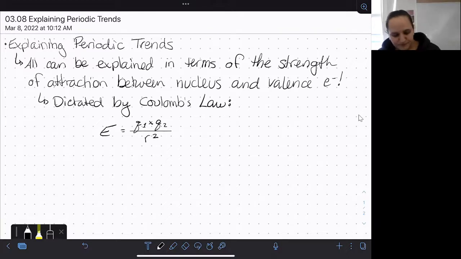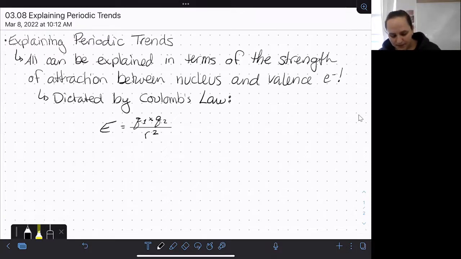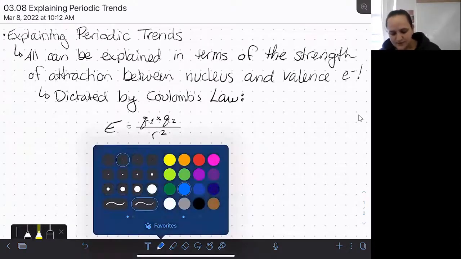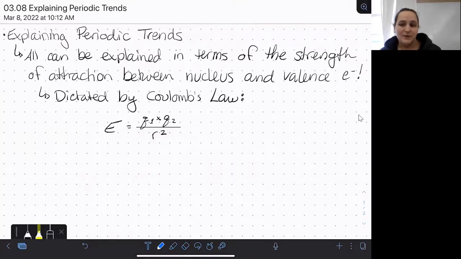Coulomb's law shows up all over the place in chemistry as a qualitative justification for things. We're never going to use Coulomb's law quantitatively. I'm never going to ask you to do calculations using this equation, but it is the basis for a lot of why things happen the way they do in chemistry.